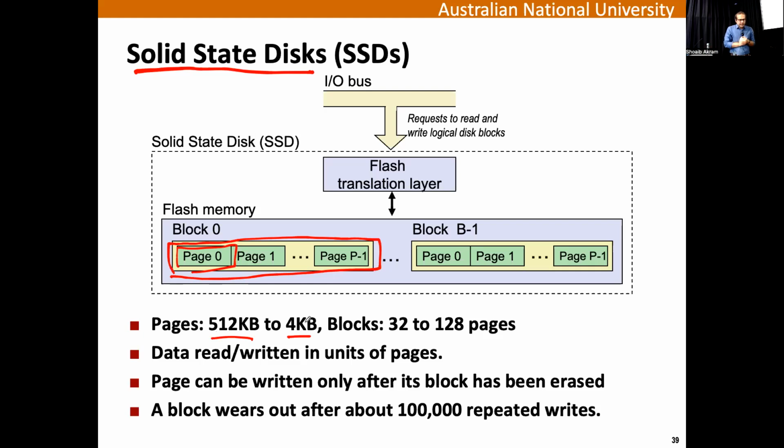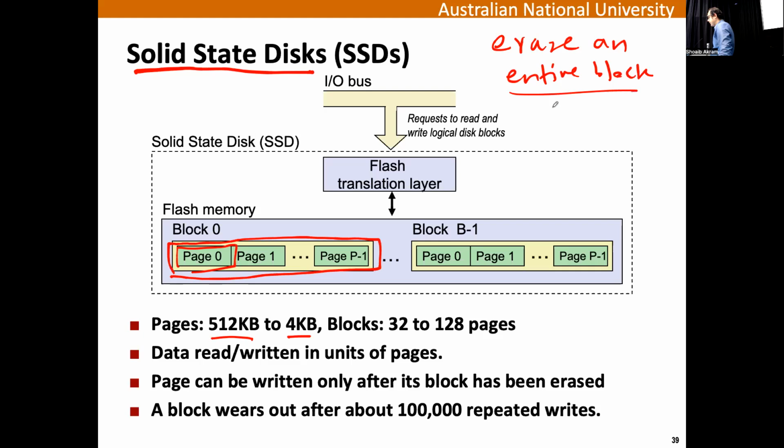The problem with flash memory is that it's non-volatile memory, and you need to erase. Erase means clear, set everything to 0. You need to erase an entire block before you can start writing.